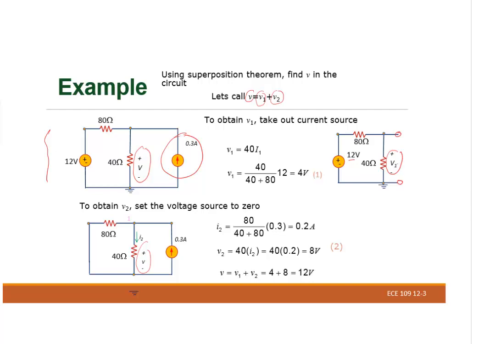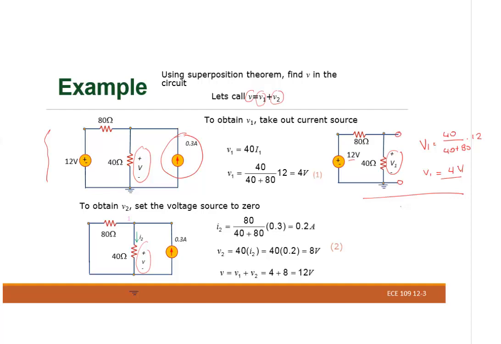So V1 equals 40 ohms divided by 40 plus 80, times 12, which gives you 4 volts. So using one source, we find V1.